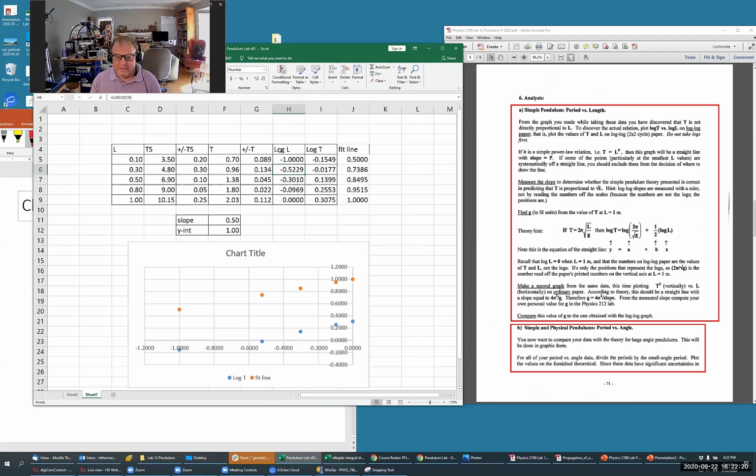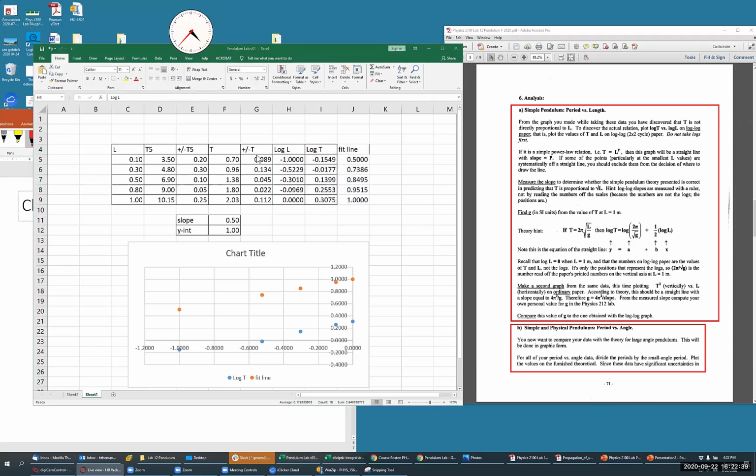But I took a chance because I noticed that this is X, this is Y, and this is another Y value, that it would probably work. And it did. And I'll go through it in a moment, a different way.